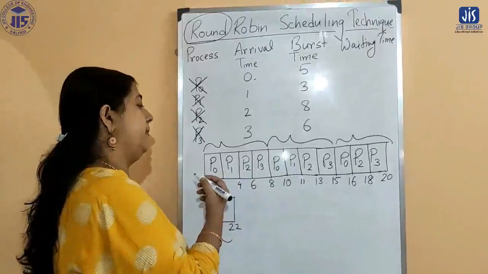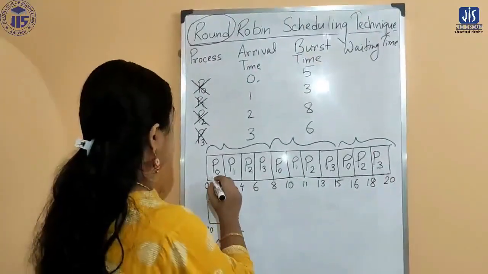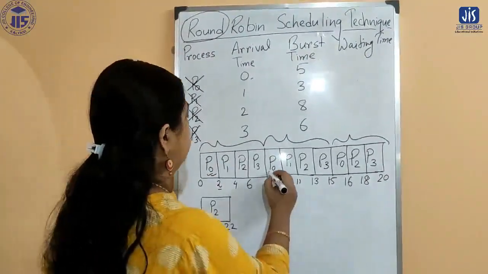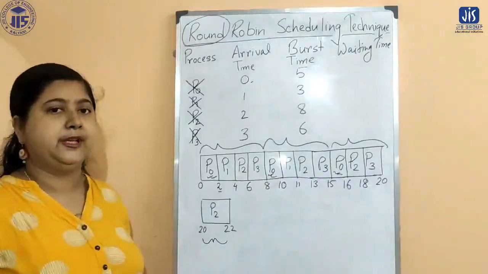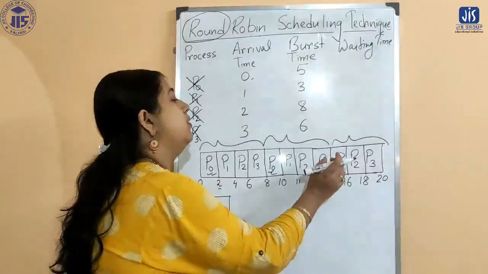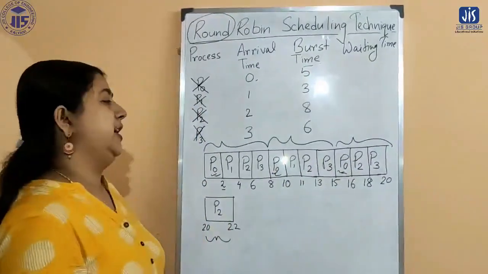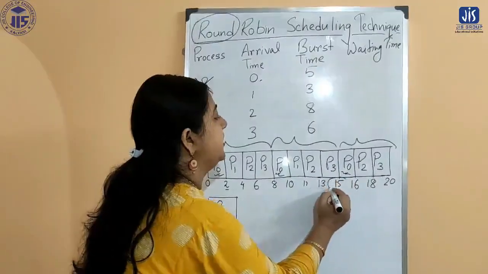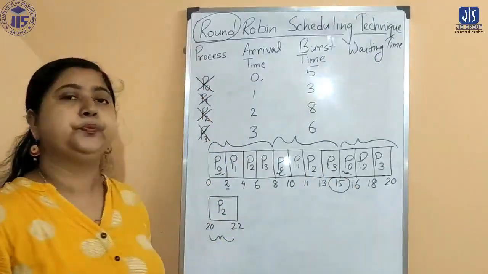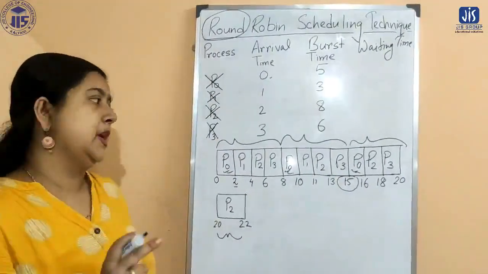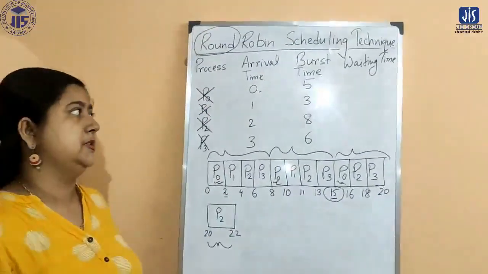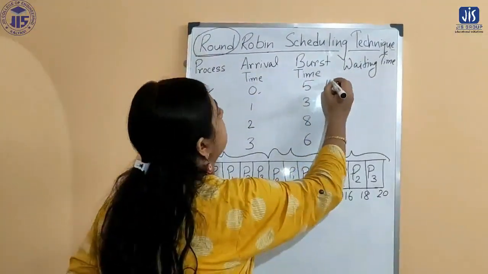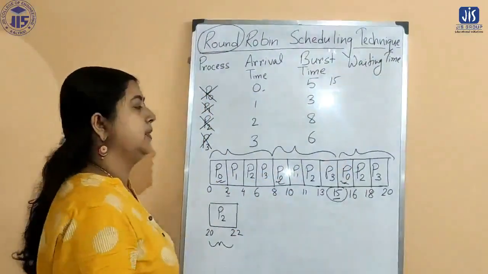So for P0 you can see P0 was executed here, here and here. Third time P0 was executed. So I am going to take the last starting time of P0, which is basically 15.